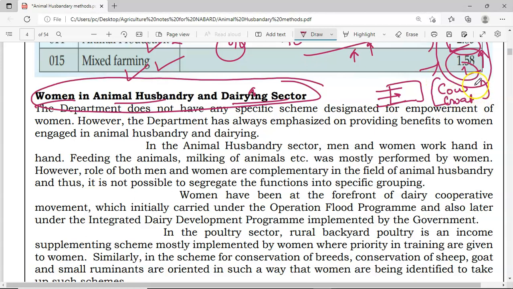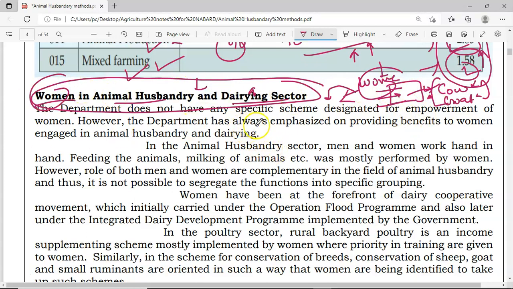If you see these animals in rural areas, the maximum care of these animals is done by the women. Why? Because the person who belongs to a village or rural area, the man generally works in the field, but women generally take care of the animals at home.